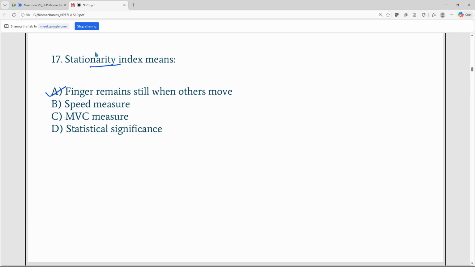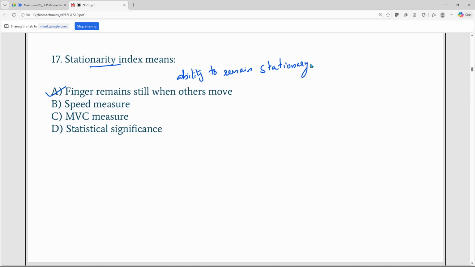Stationarity means remain stationary. If you understand the word meaning of stationarity, the answer becomes very intuitive. That is the ability of the finger to remain stationary when other fingers are active.